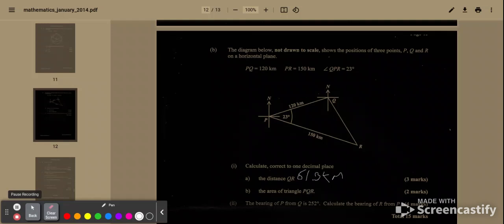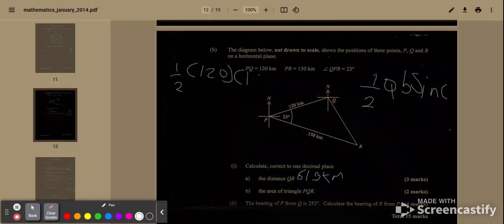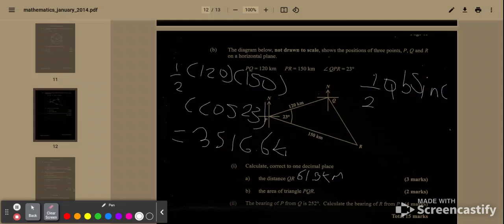The area for the triangle would be half ab sine C. So it's going to be half times 120 times 150 times sin 23, and when you punch that into your calculator, you would get 3,516.6 kilometers squared. So that's the answer for part 2.